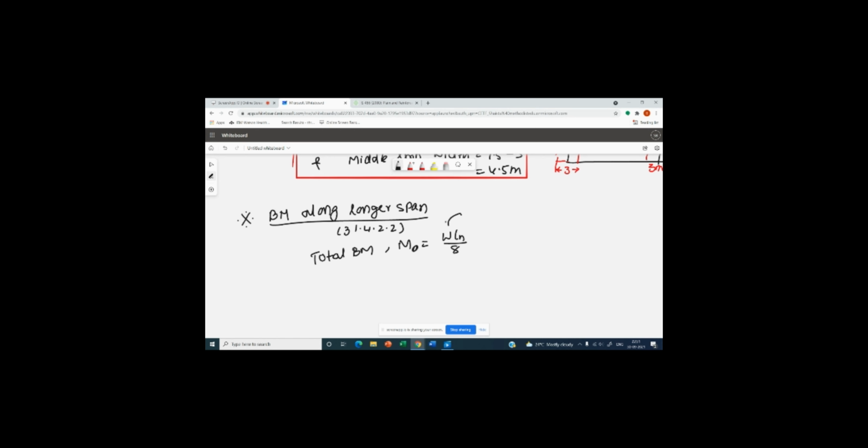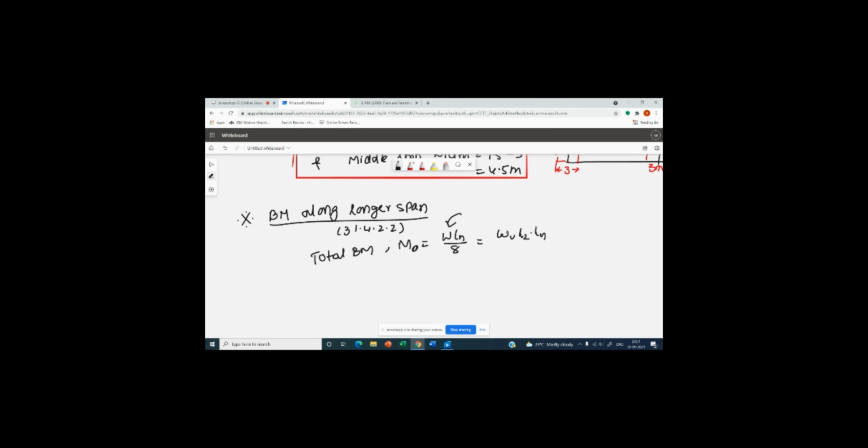Because we are taking it along the longer span, the other span will come here: W2 into L2 into Ln.